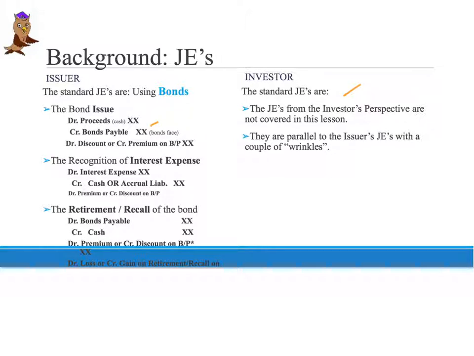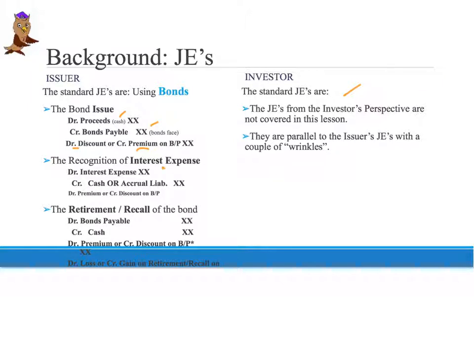There's a proceeds entry, meaning the cash received from the investor. And then, depending on whether there's a discount or premium, there will be a debit to a discount on bonds payable account or a credit to a premium on bonds payable account. We'll show you how that's determined in a bit.